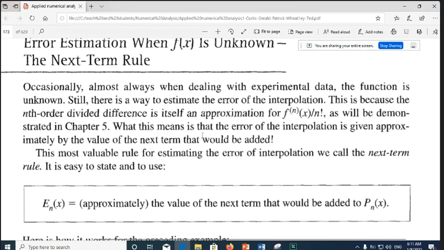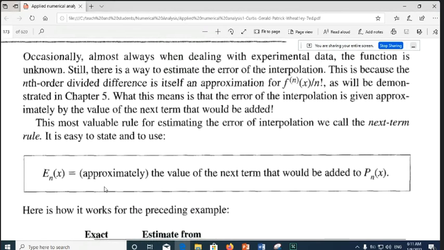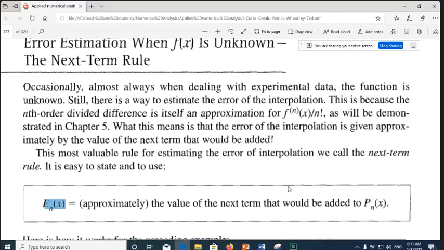What this means is that the error of interpolation is given approximately by the value of the next term that would be added. This means E n of x, or the error, is approximately equal to the value of the next term that will be added to P n of x.